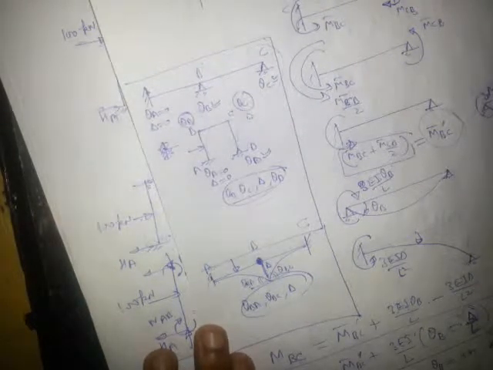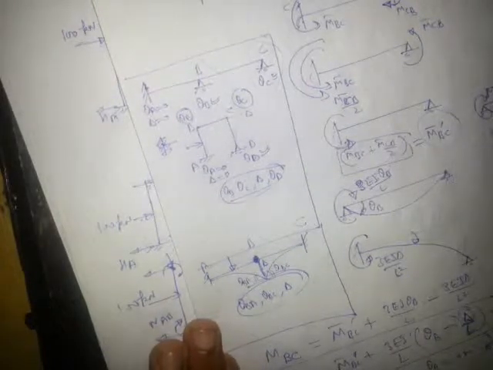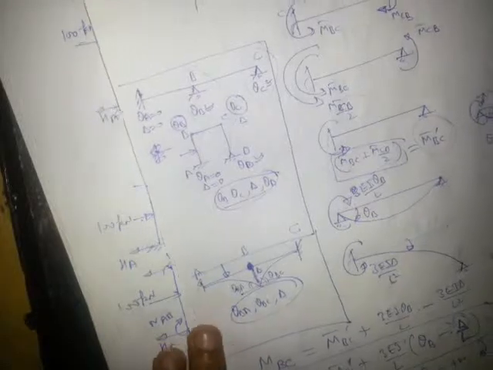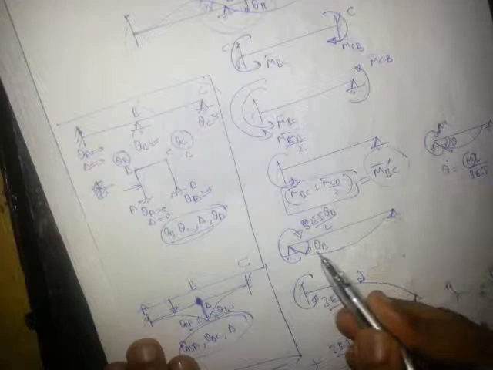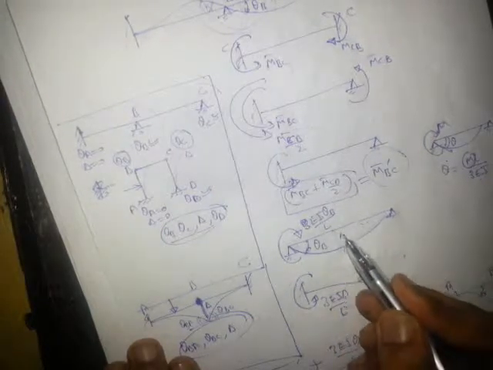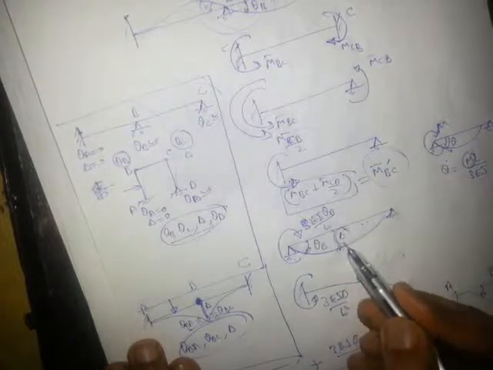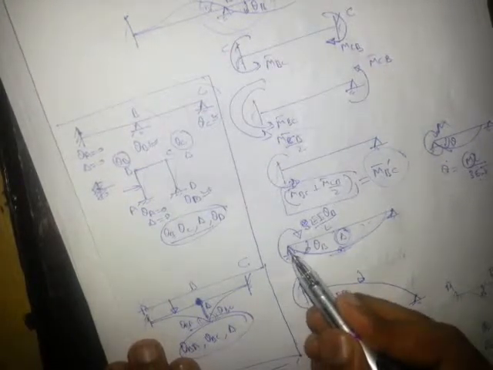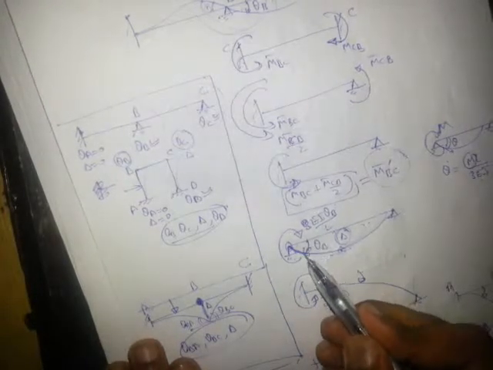Because sway means displacements are always taken of the joints, right? Of those points which are considered as joints, we take theta and delta. If any point is not a joint, we will not take theta and delta. For example, this is the beam, it also sways. Look, this is also sway, this is delta, but we are not considering it as a joint, so we will not take delta or theta. We will take only joint displacements.